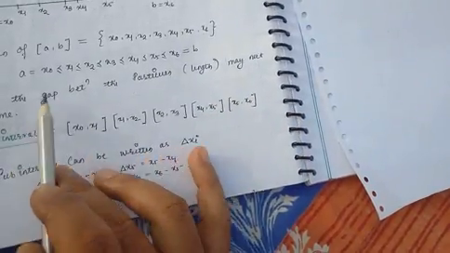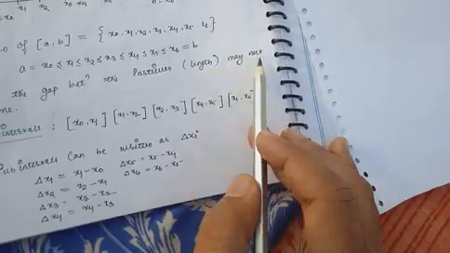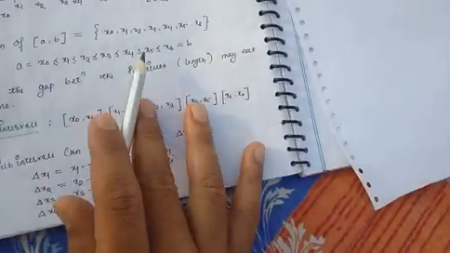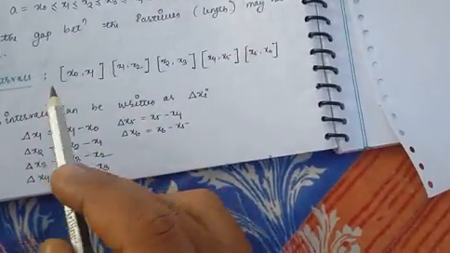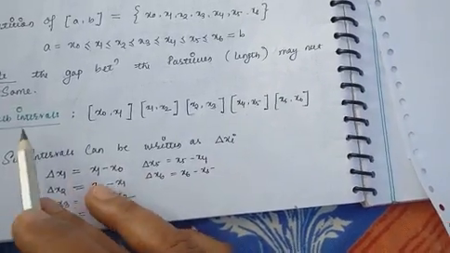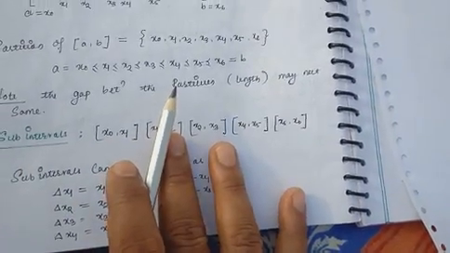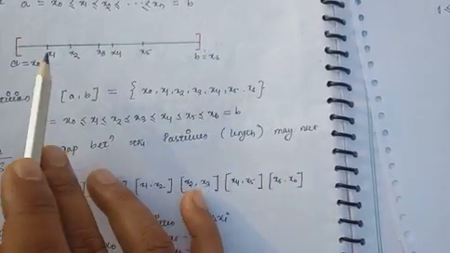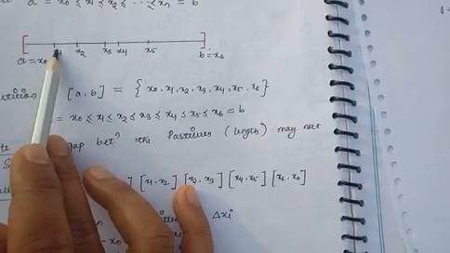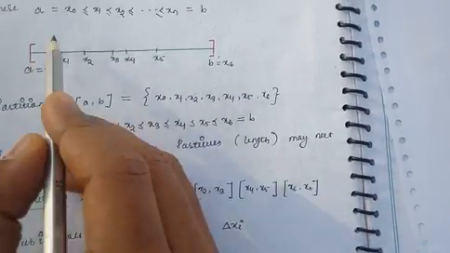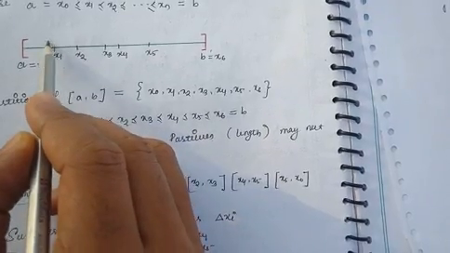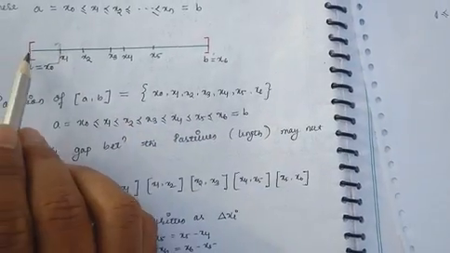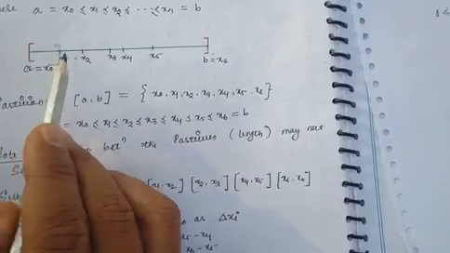So the gap between the partition points may not be the same, as I told you. And here we are discussing the subintervals. What are the subintervals? In this big interval we have subintervals. If we close the bracket here, this is one interval.